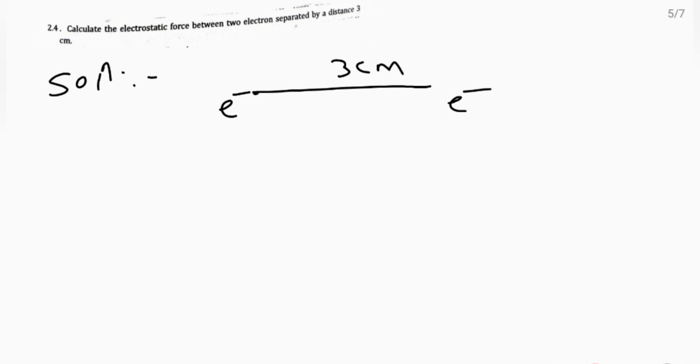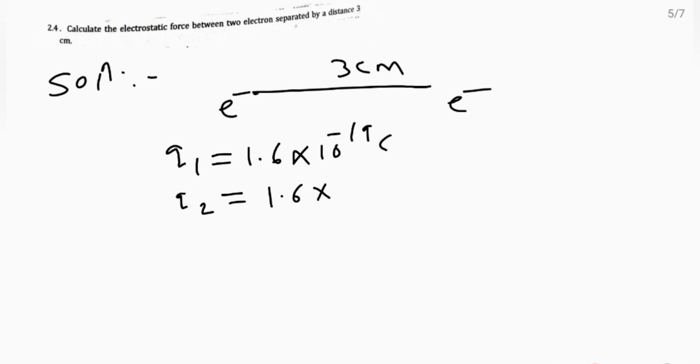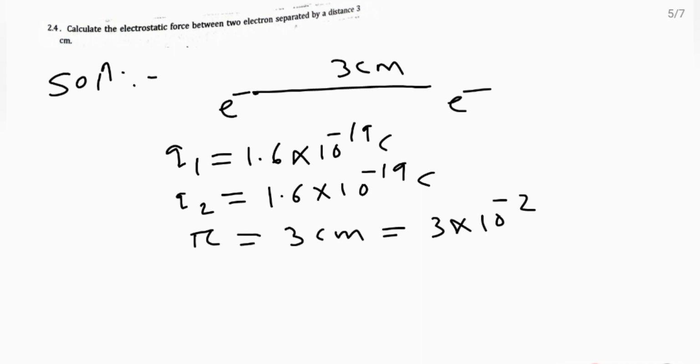Then we have to find the Coulomb force or electrostatic force between them. We know that the charge of one electron is 1.6 into 10 to the power minus 19 Coulomb. Q2, also an electron, has charge 1.6 into 10 to the power minus 19 Coulomb, and the distance between them is 3 cm, so it will be 3 into 10 to the power minus 2 meter.